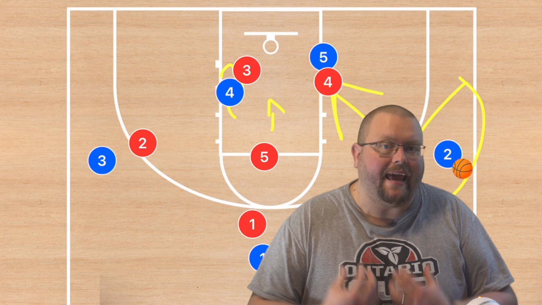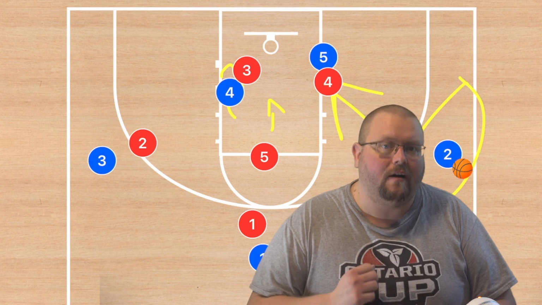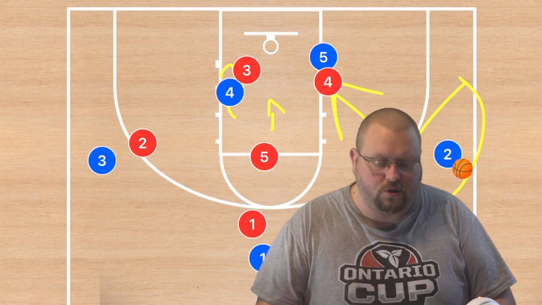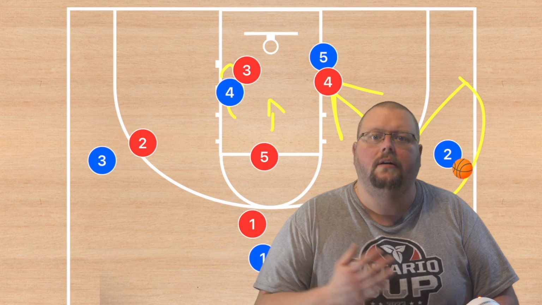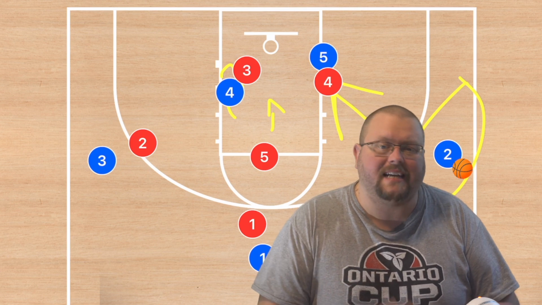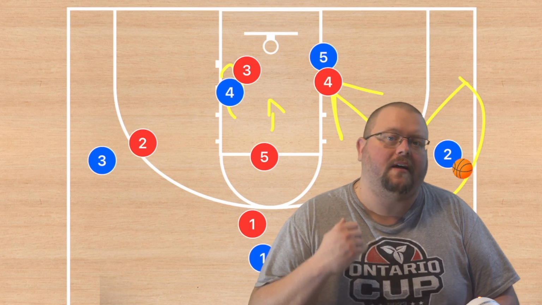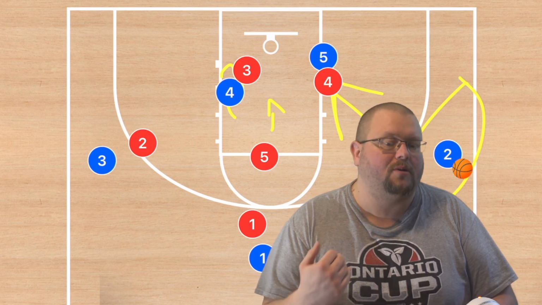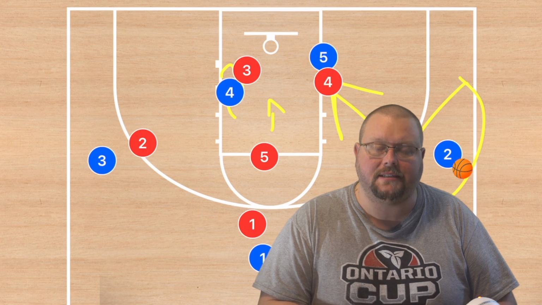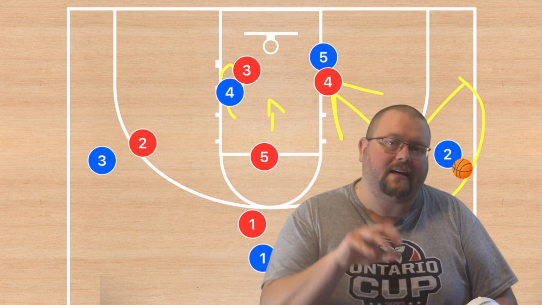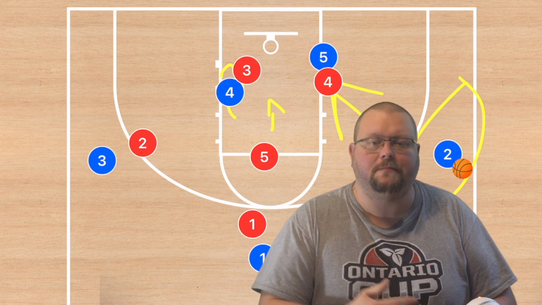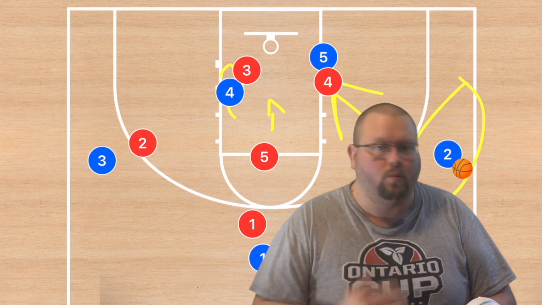Now, I am not a huge fan of the 3-out or 2-out or whatever high-low zone offense. I am not a fan of it. I, as a trainer and as a coach, develop slashers and shooters. So while shooters can thrive off of this, slashers can't, because a slasher needs to get to the rim to be able to allow their game to work for them.